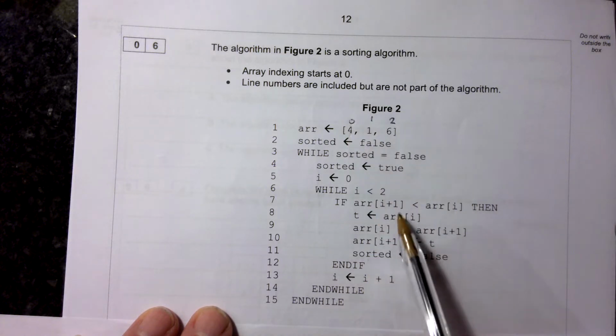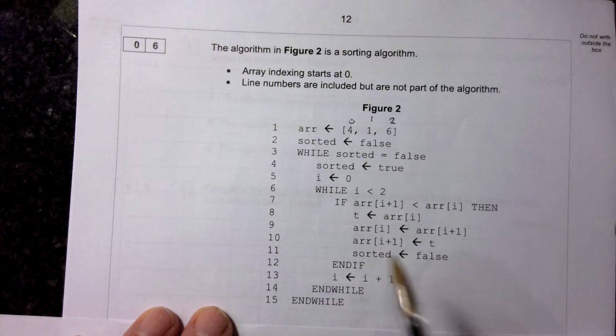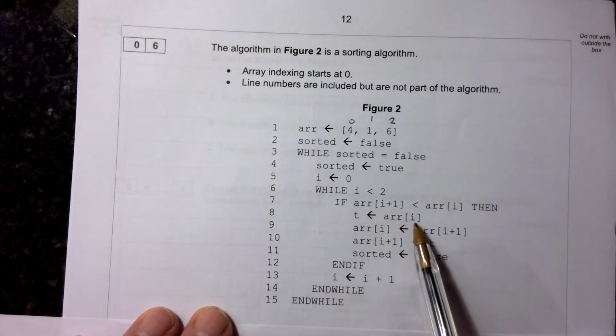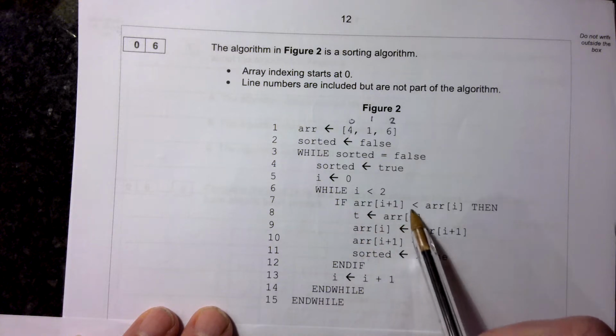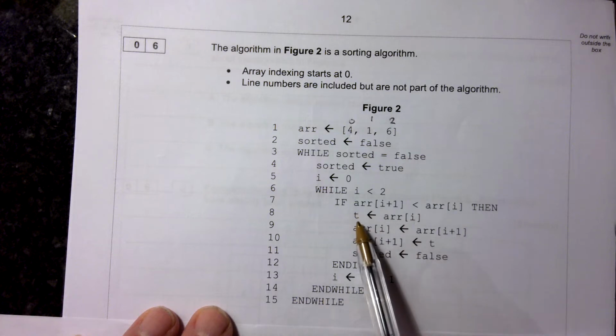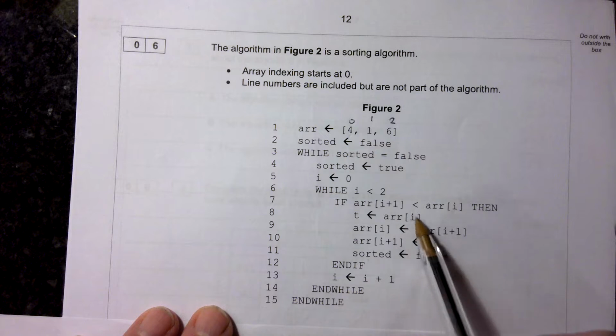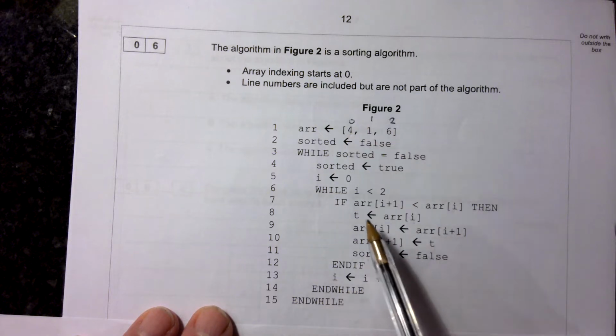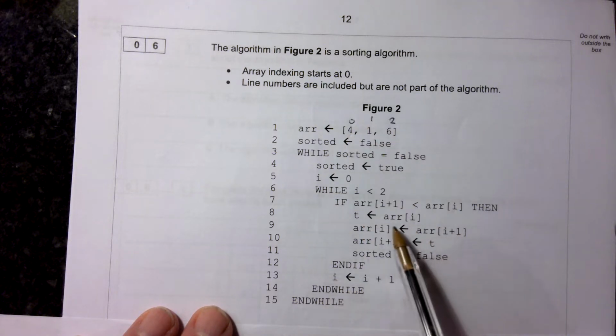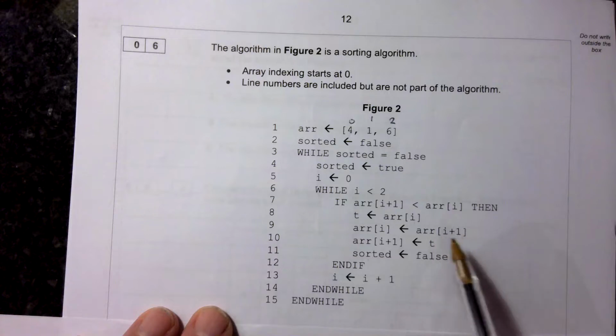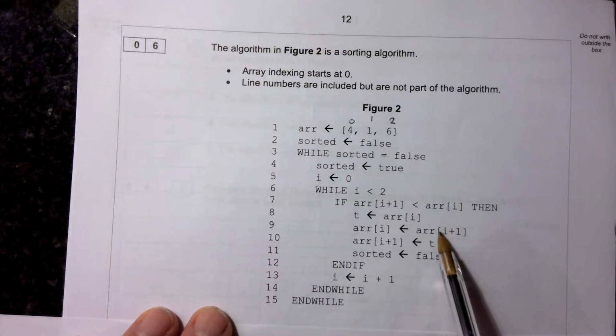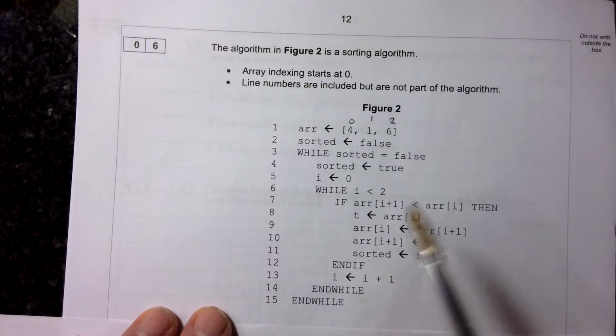Yes, it is. And if that's so, then we're going to do some swapping around. We're going to put what's at position I, 0, into a variable called t. That's t for temporary. So they're going to put that 4 into temporary. Then we're going to take what's at position I plus 1, so that's what's at position 1, and we're going to copy it into position 0.